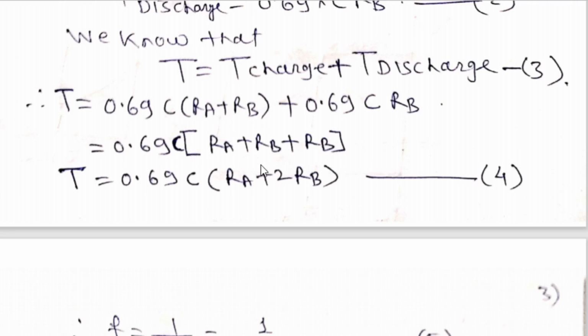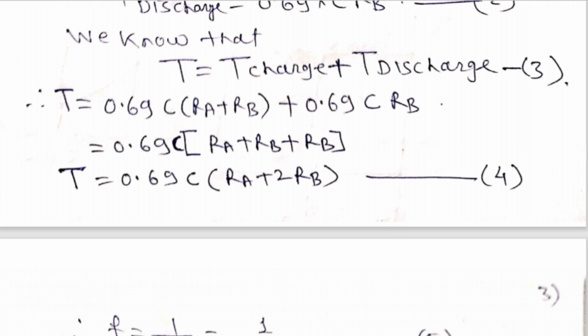So 2 times RB will come. So 0.69 into C into bracket RA plus 2 times RB, and this is equation number 4. So this is the total time T.